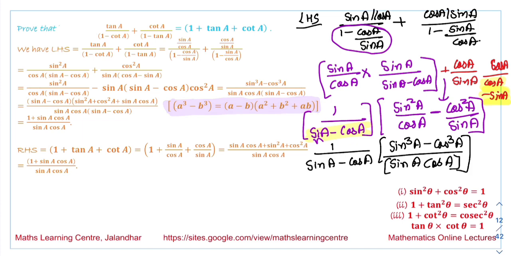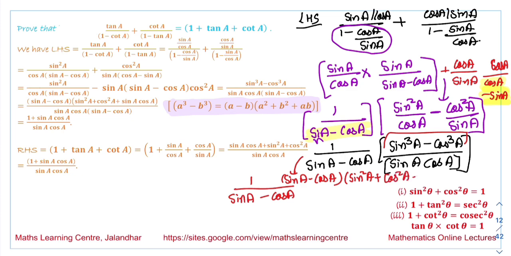So we can write this term as 1 over sin A minus cos A into sin A minus cos A into sin square A plus cos square A plus sin A cos A, divided by cos A sin A. These two terms get cancelled.